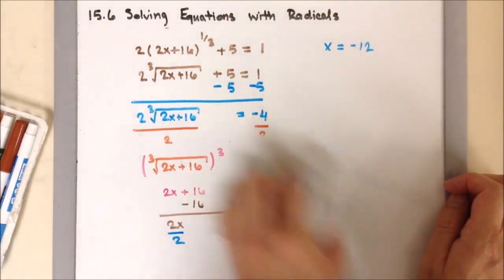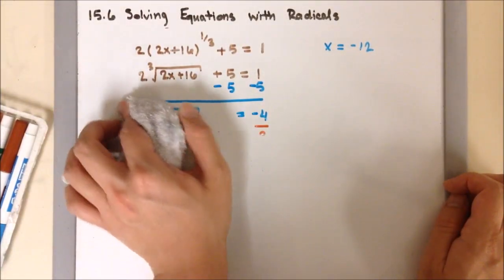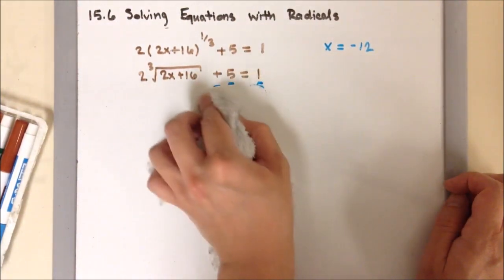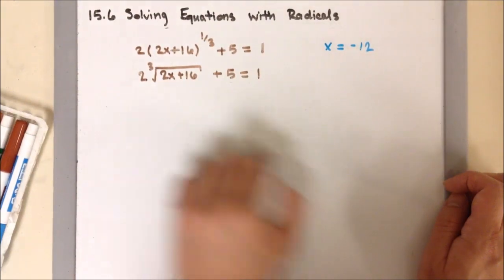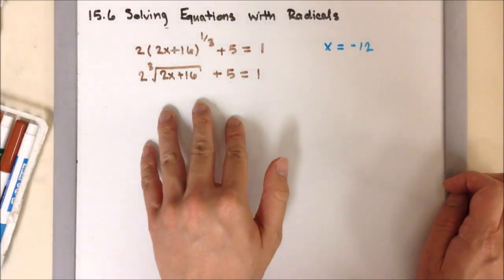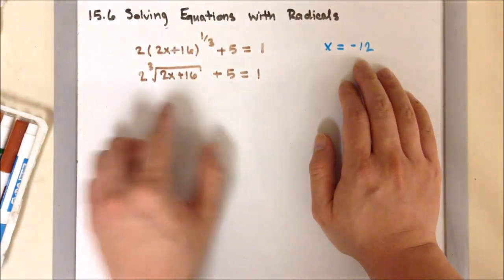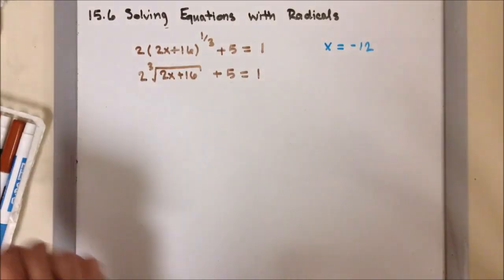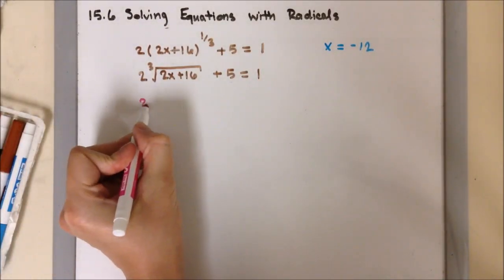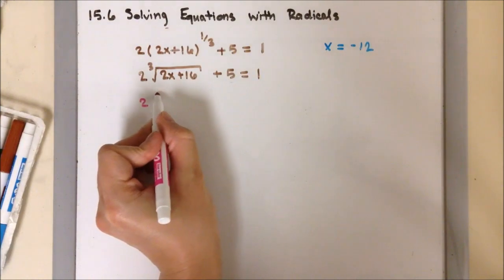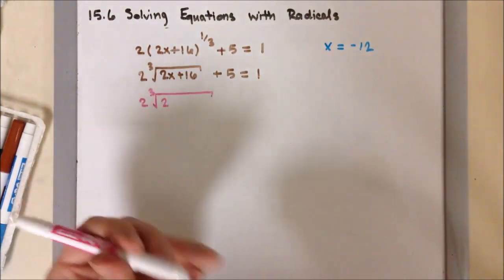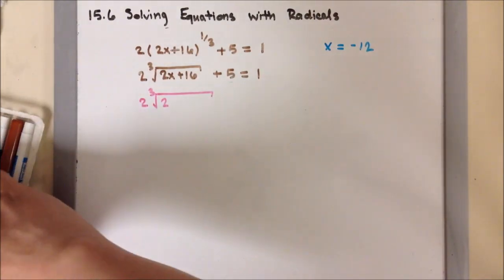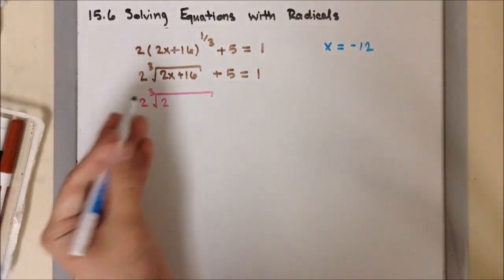Alright, so let me erase to make more room, but I'm going to keep the original problem, in this case with the radical, the cube root. So what I'm going to do is plug in negative 12 into this x. Everything else will stay the same. So the 2, the cube root, this 2 here, but I'm plugging in negative 12, so let me write that in.